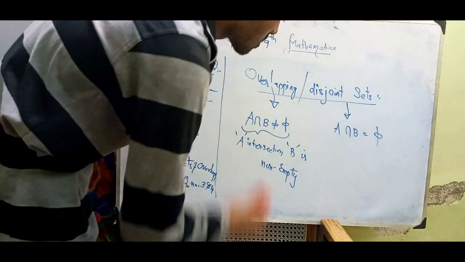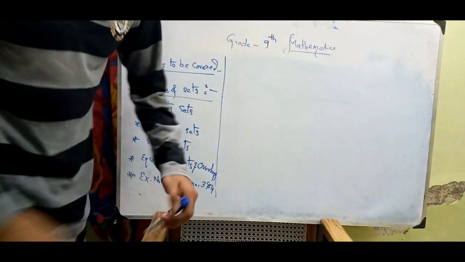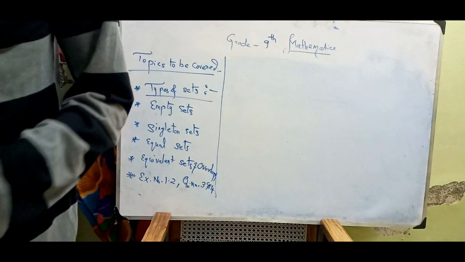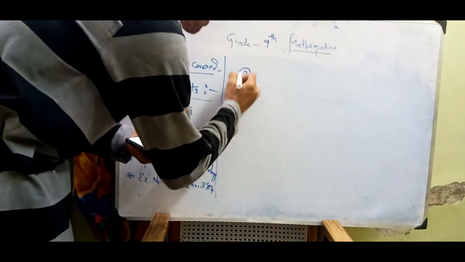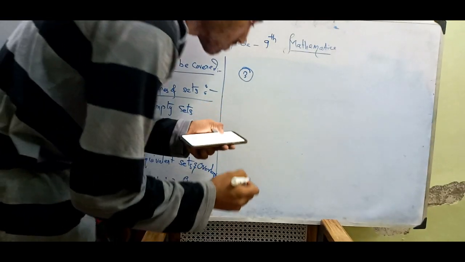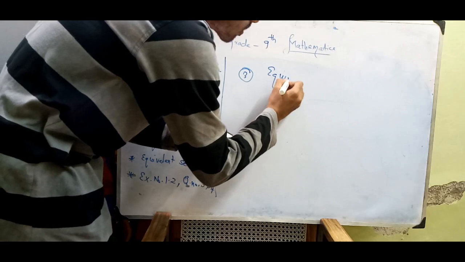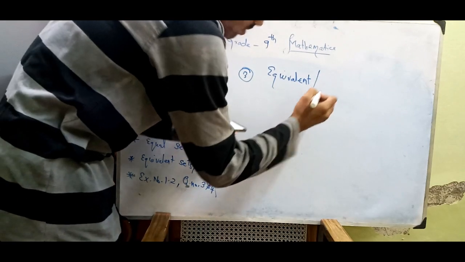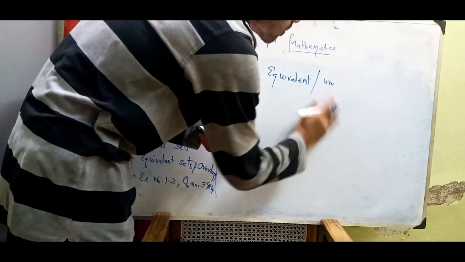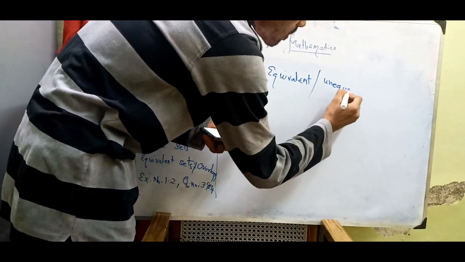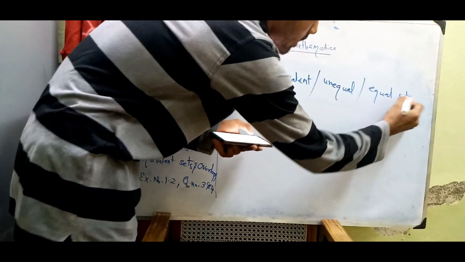relevant questions and answers for the topic. So here's the third question. You need to identify which of the following sets are equivalent or unequal or equal sets.